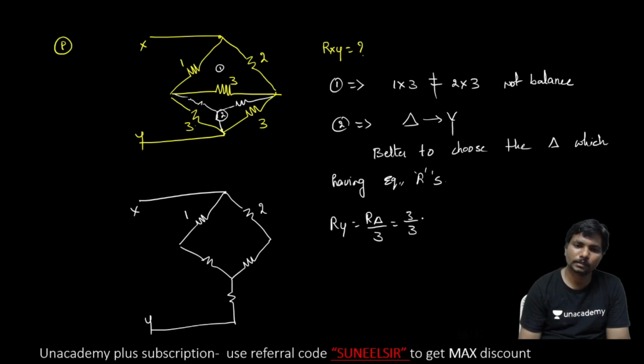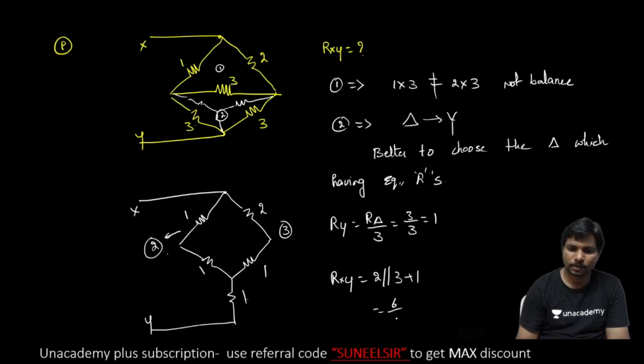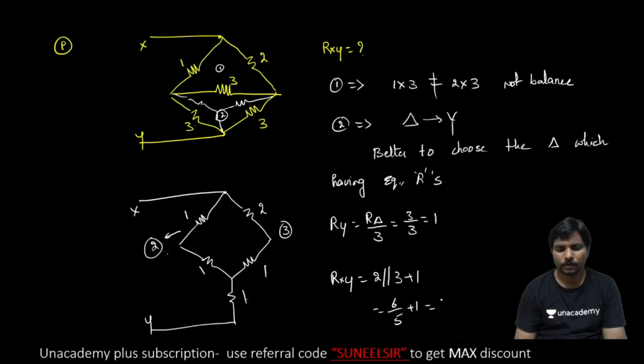So 3 by 3 is equal to 1. So the star values are 1, 1, 1. Now 1 plus 1 is 2, and 2 plus 1 is 3. Rxy is equal to 2 parallel to 3, plus 1. So 6 by 5 plus 1, that is 11 by 5.